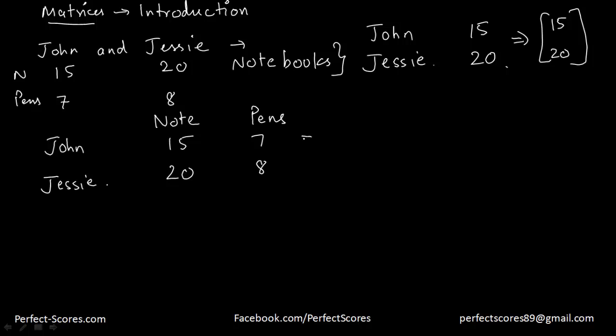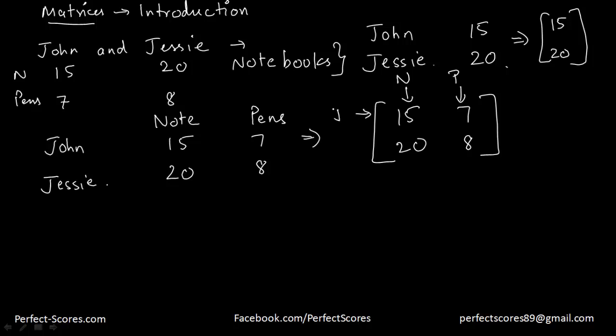If I want to put that in terms of a matrix, this column represents the number of notebooks, this column represents the number of pens, and this row represents John and this row represents Jesse.